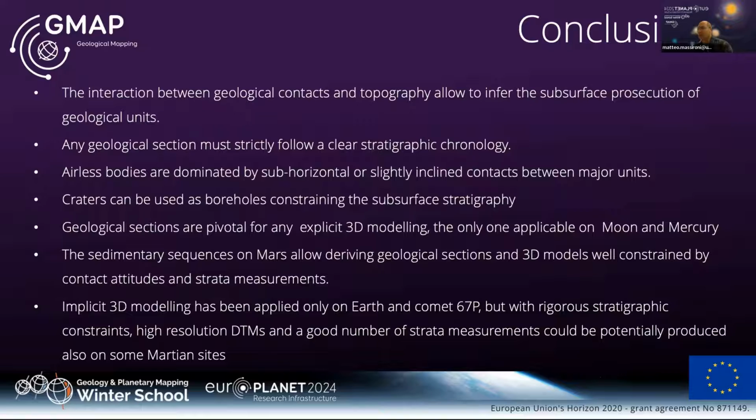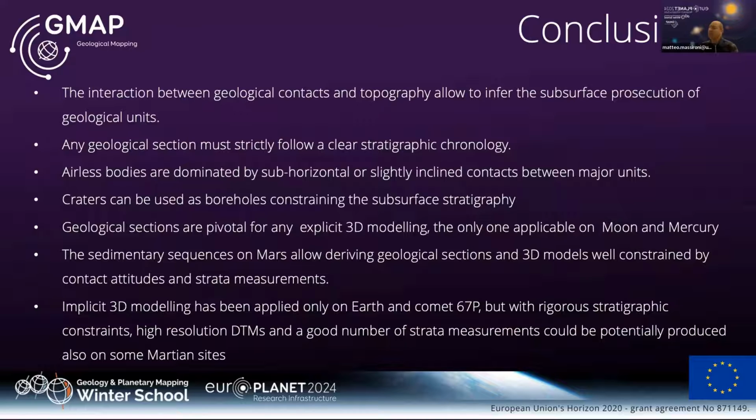On the other hand, the sedimentary sequence on Mars allows deriving geological section 3D models, well constrained by contacts, attitudes, and strata measurements. This means that on Mars, in principle, we can make implicit 3D models in some locations.